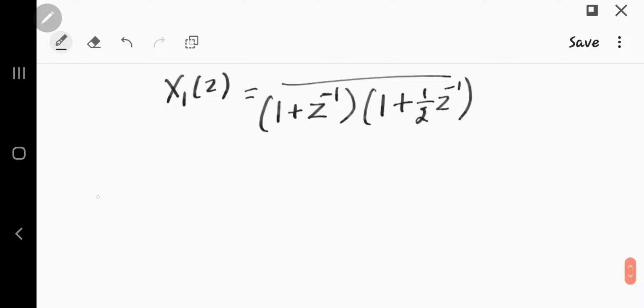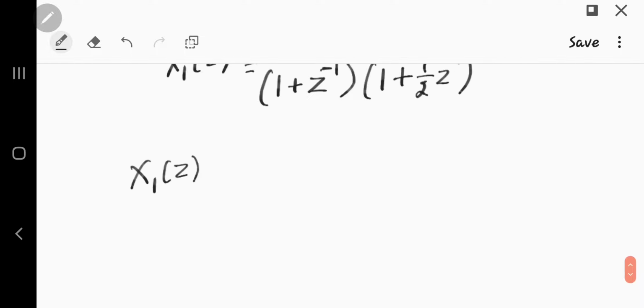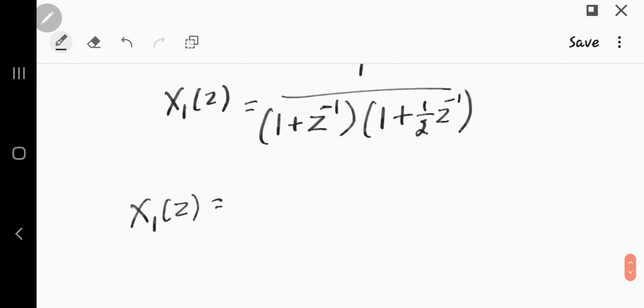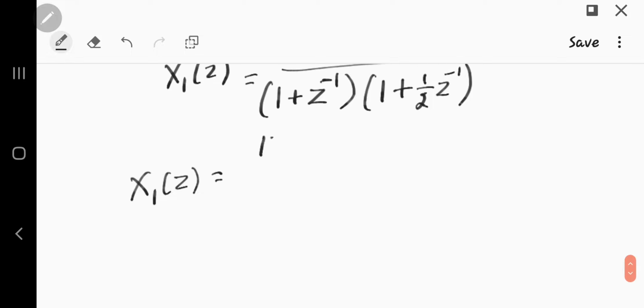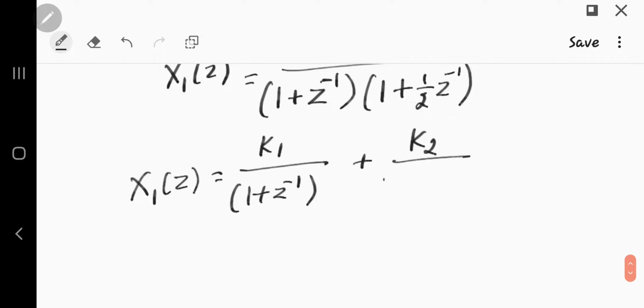So now we can express using partial fraction expansion as k1 divided by 1 plus z inverse plus k2 divided by 1 plus 1 by 2 z inverse.